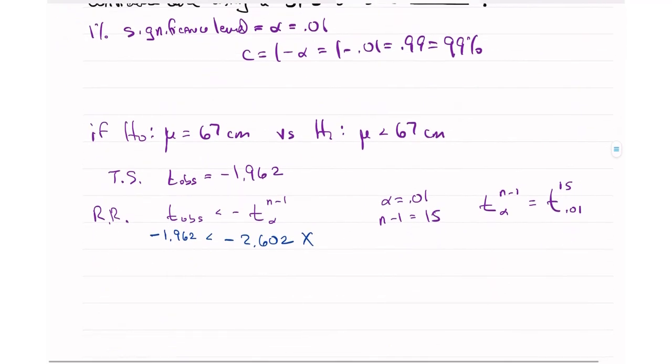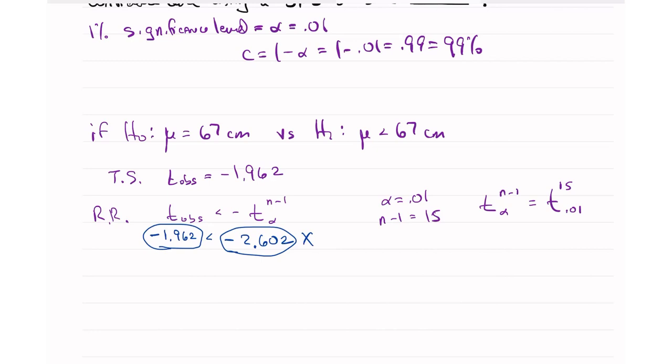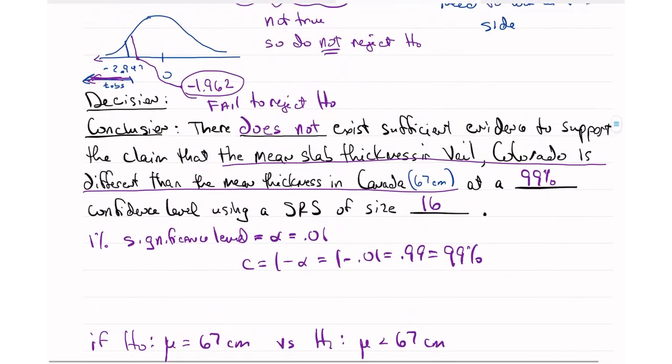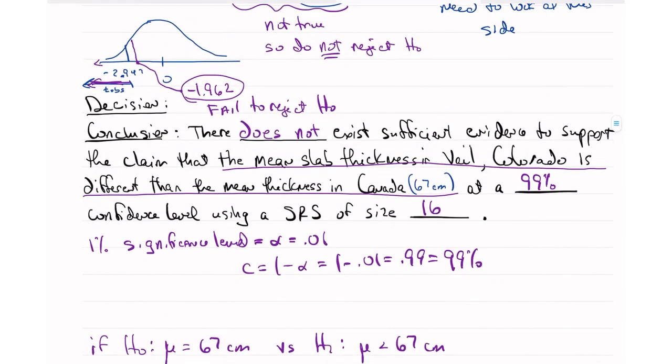Here, it's negative 2.602. So it's not as small of a number, but it's still smaller than our T observed. So in this case, we still fail to reject the null. And the conclusion would be the same, except we wouldn't have different than here, we'd have less than. Okay? So everything else would be the same.